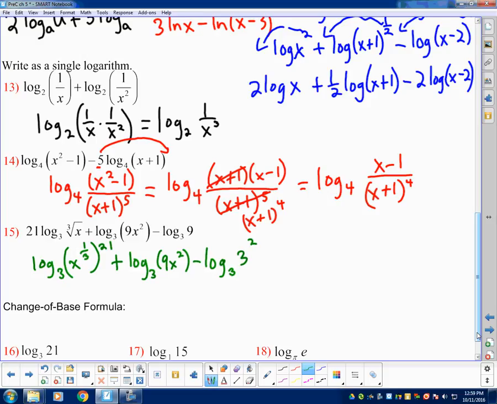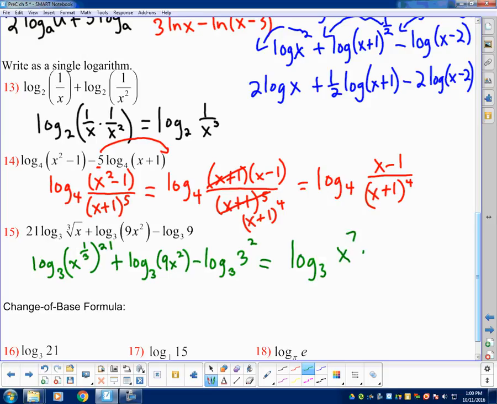We could leave it as 9. Ultimately, something's gonna get canceled here. But on the top, right here, you see the plus sign in between these two? Also, the power to a power we would multiply. So let's see if we can write it as a single logarithm now. Log base 3 of x to what power? 7, yep.